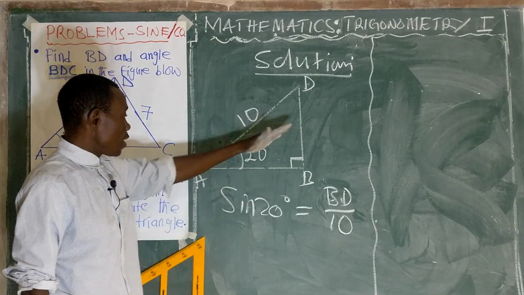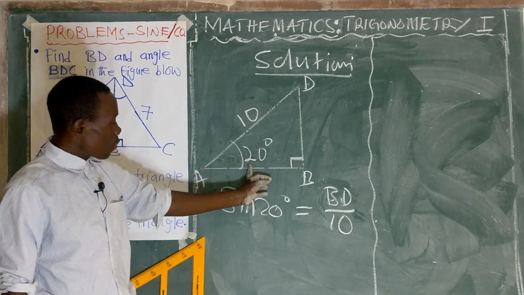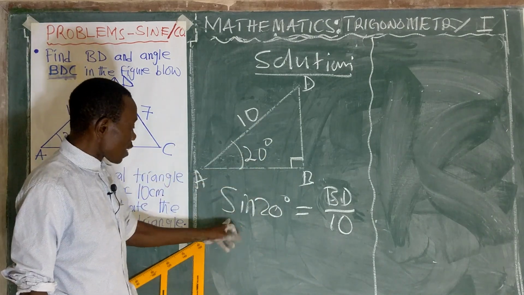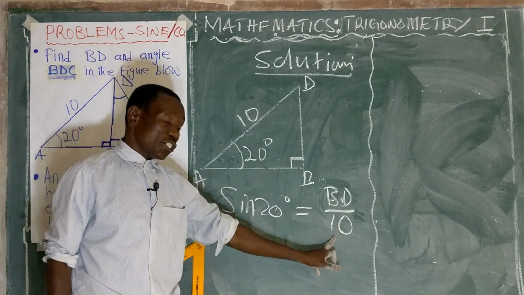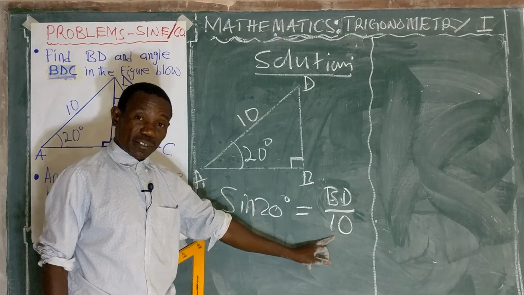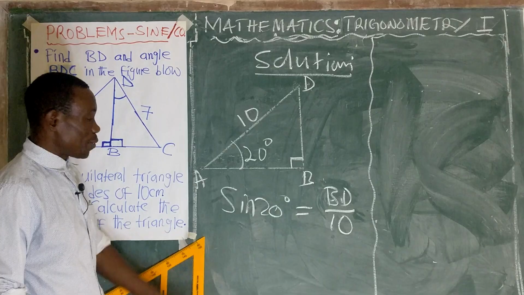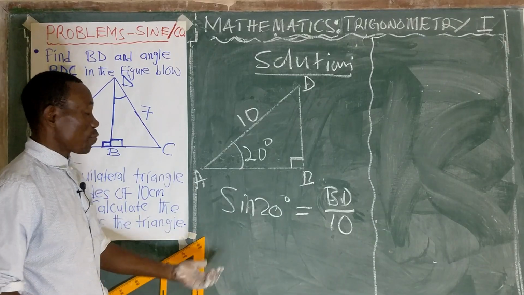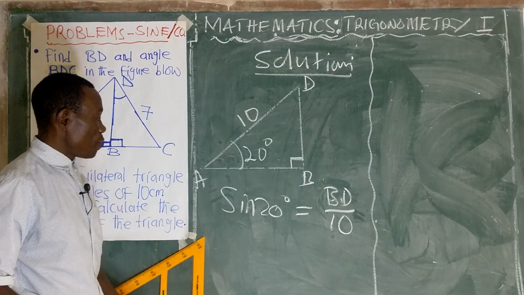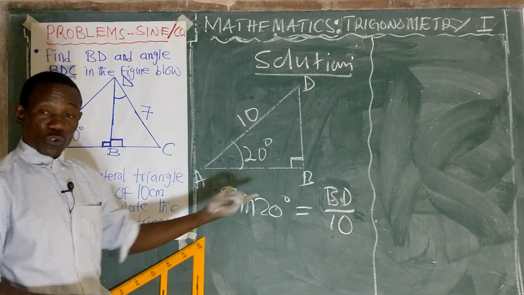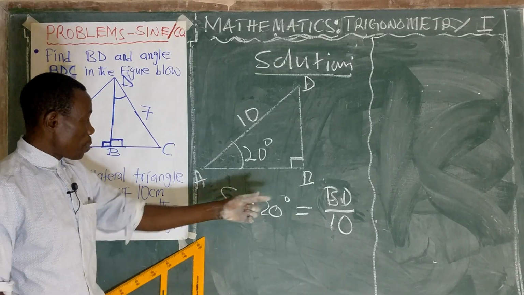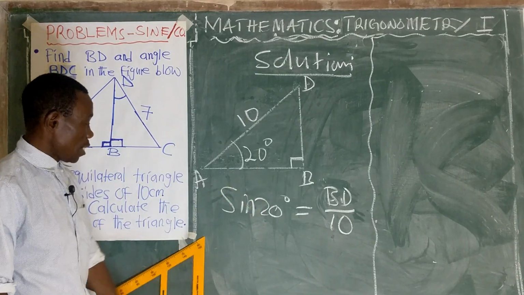So I write it. Everything was related to angle 20 degrees. So sine of 20 degrees is BD over 10. Then I have an equation. Let me just solve this equation and find the value of BD. What we first do here is to get rid of the fraction. Multiply both sides by 10 as the denominator.